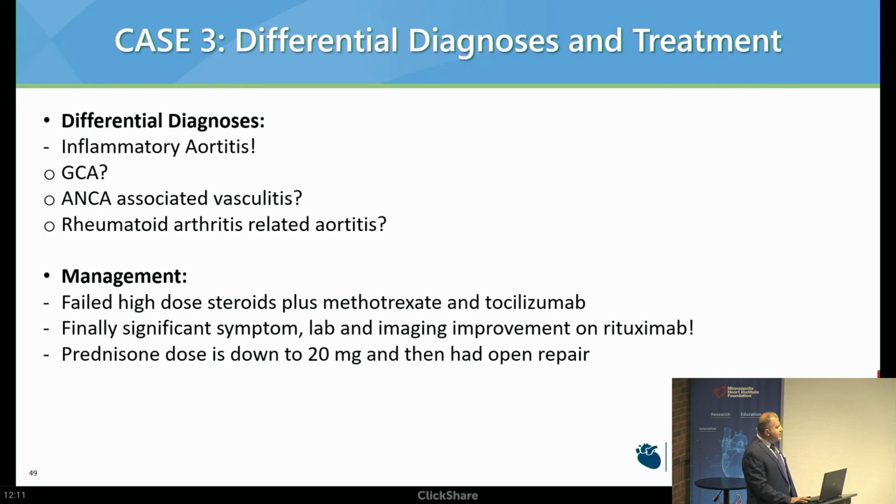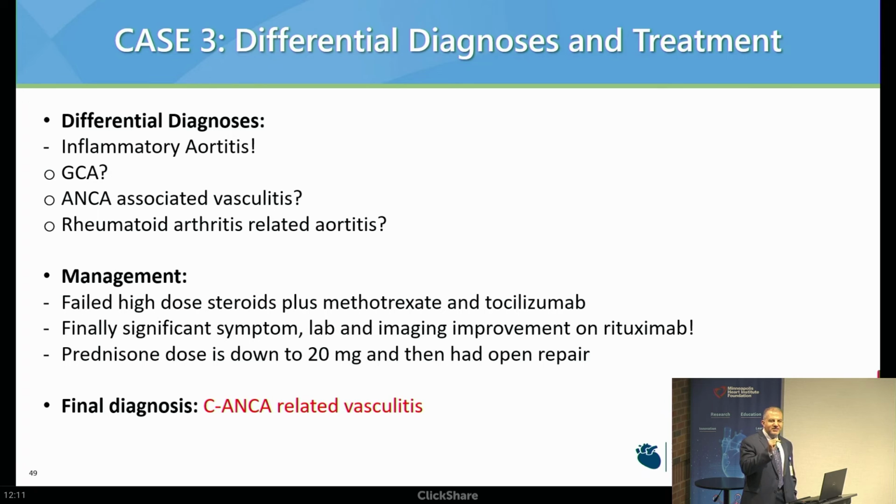So the diagnosis of this patient was C-ANCA-associated vasculitis, which was case number 6 in the literature that presented with aortic involvement, and we published this case as well.